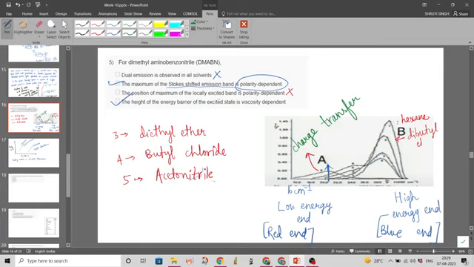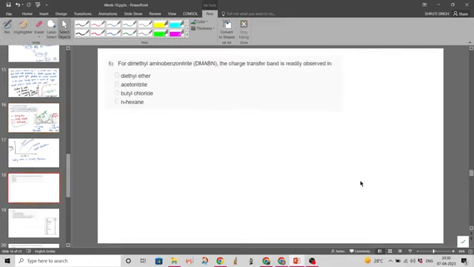As we discussed in the first question, an excited state process has a signature that it will give a redshifted peak. So this one is showing the charge transfer band. Now, in which solvent is it prominent? It is prominent in the fifth one, which is acetonitrile. So the answer to this question is straightforward: the charge transfer band is readily observed in acetonitrile.